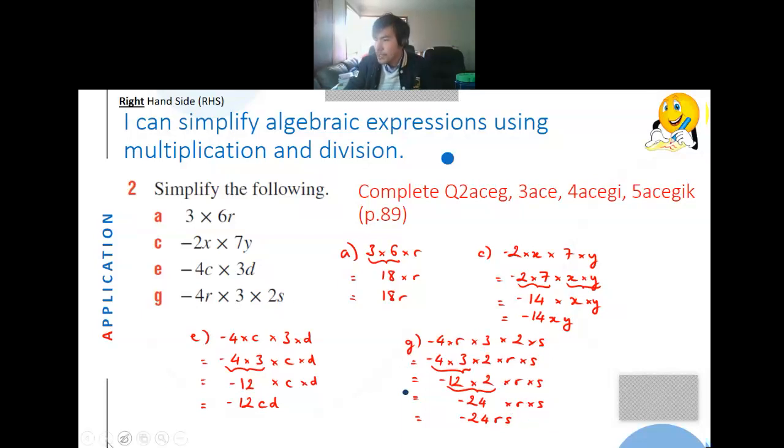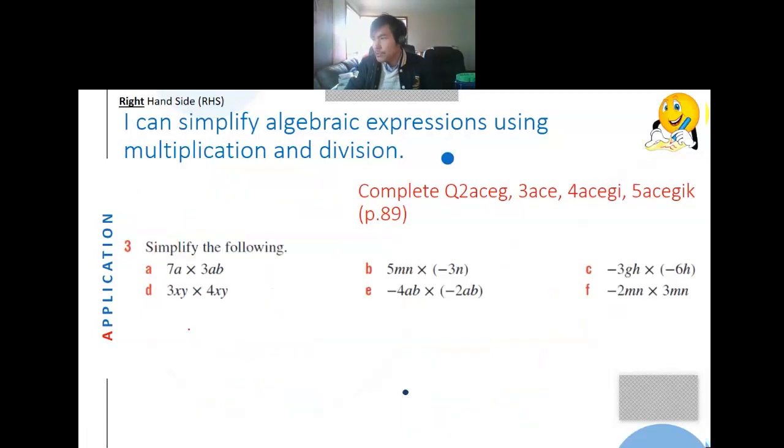Moving on to question 3. We have to do A, C, and E. For A, we've got 7 times a times 3 times a times b. Grouping the numbers together and the letters together.